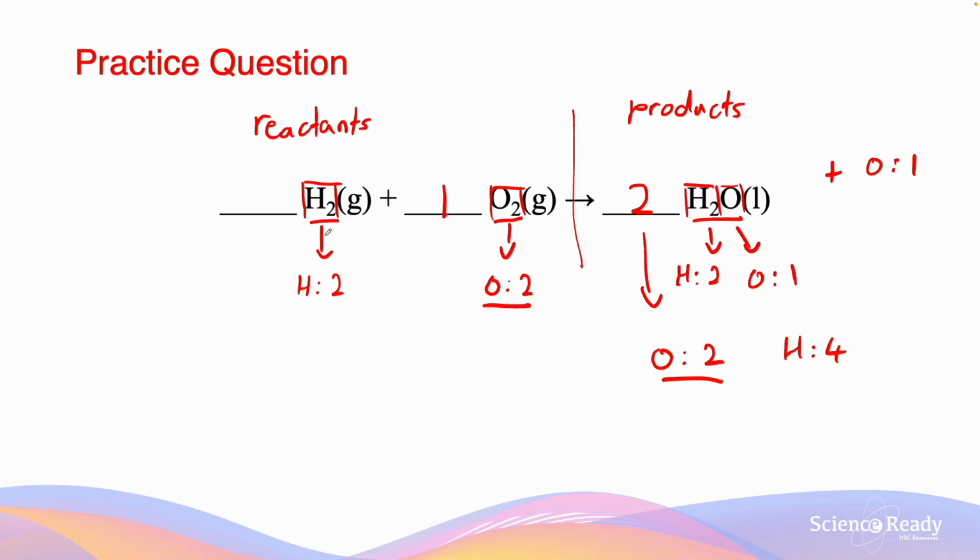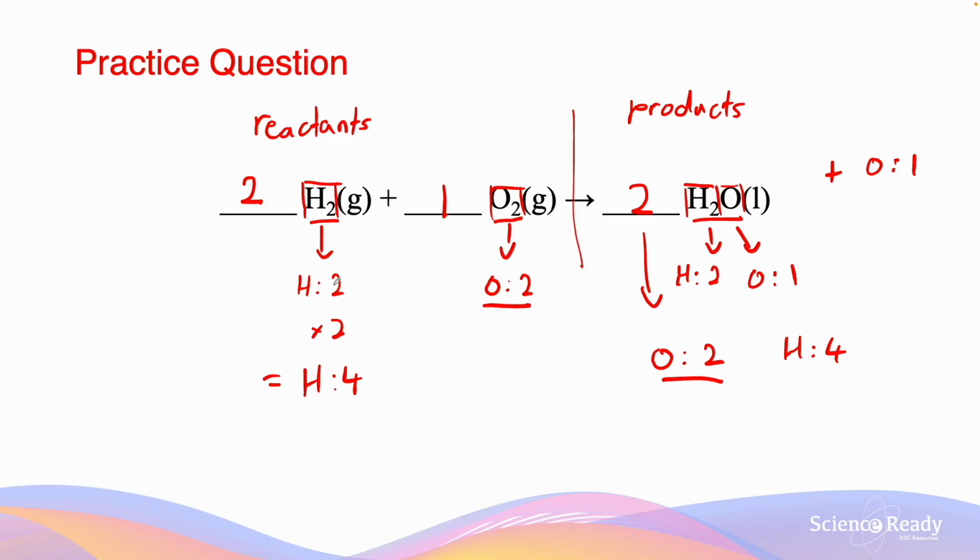Now we can look at hydrogen. There are a total of 4 hydrogen atoms on the product side, which must be balanced with the hydrogens that come in pairs on the reactant side. By adding a 2 in front of the H2, there are now 2 H2 molecules, and thus there's a total of 2 multiplied by 2 H atoms, which means that there is now a total of 4 H atoms.